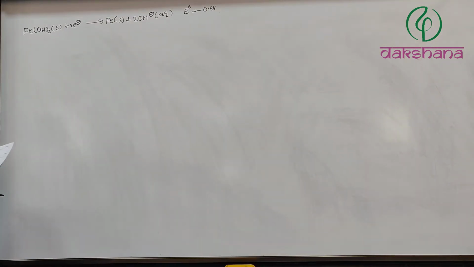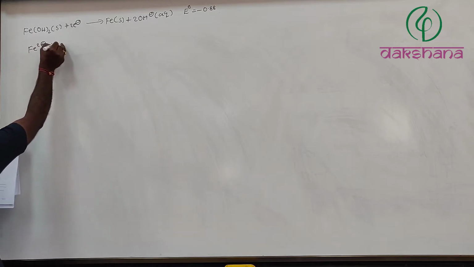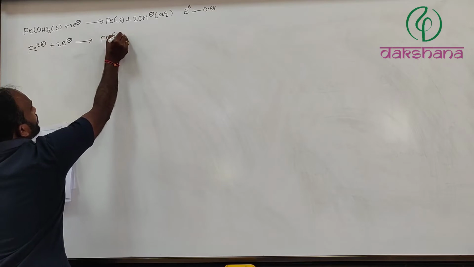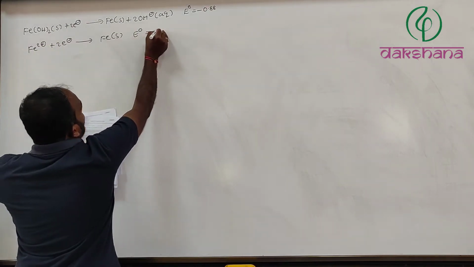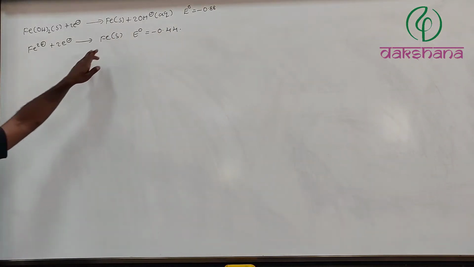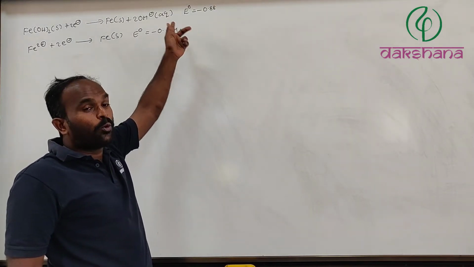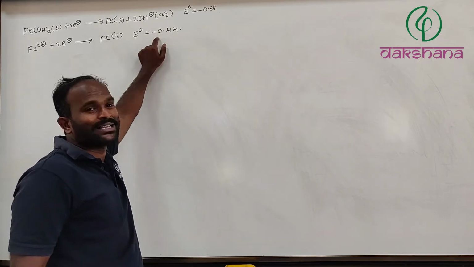And whereas another value, we have to take another one, that is Fe plus 2 plus 2 electrons gives rise to Fe. And we know that the E0 value of this one is going to be minus 0.4. So here who can undergo reduction and who can undergo oxidation? The one having the more positive SRP value, or less negative SRP value, can always undergo reduction.